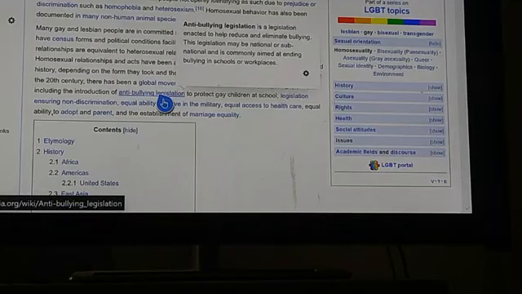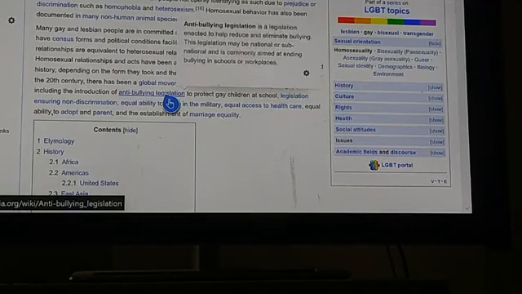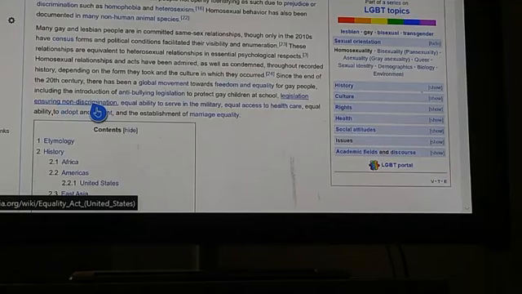This should just be anti-bullying legislation, not just to protect gay children, but to protect children and people in general. Not specified towards a certain populace, the gay community. Legislation ensuring non-discrimination.